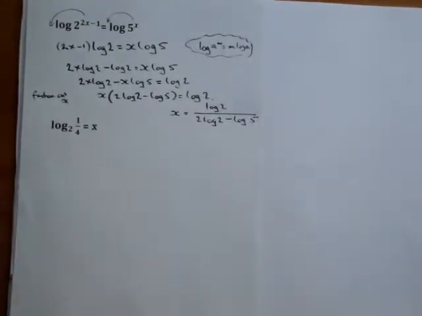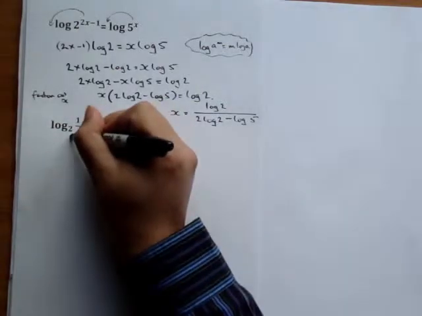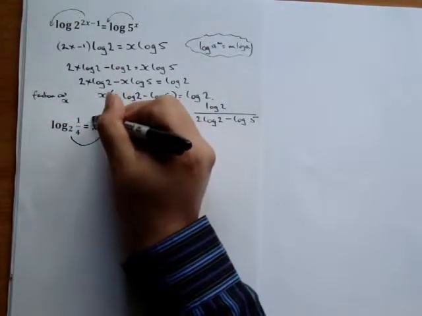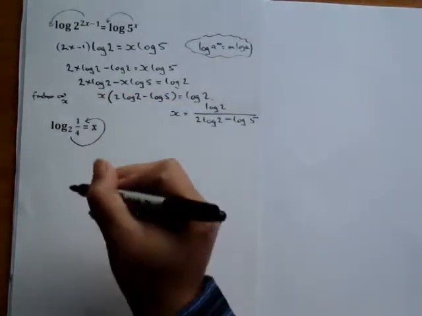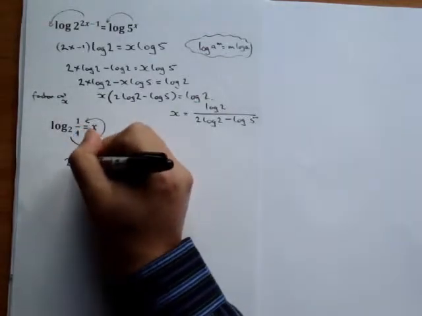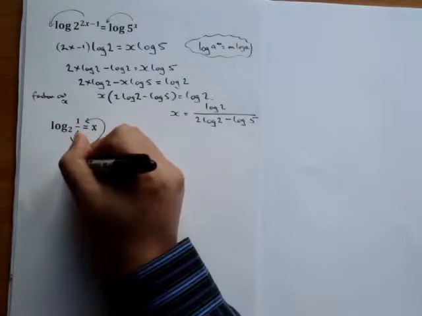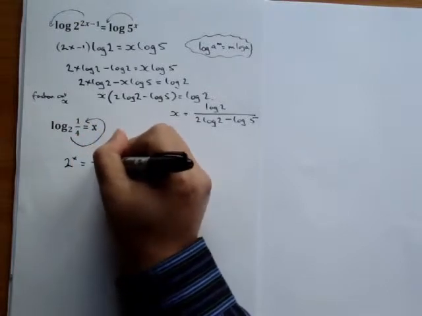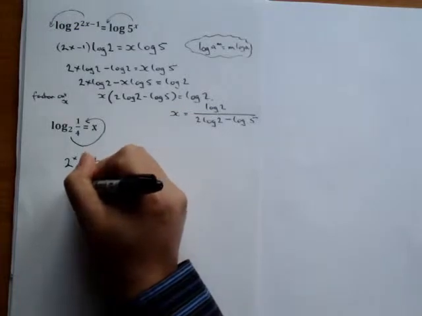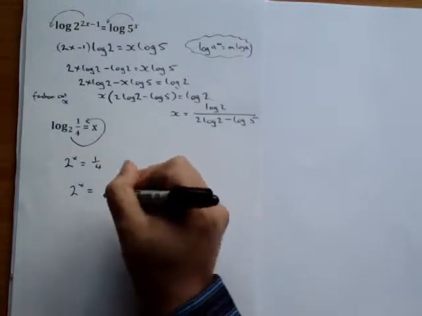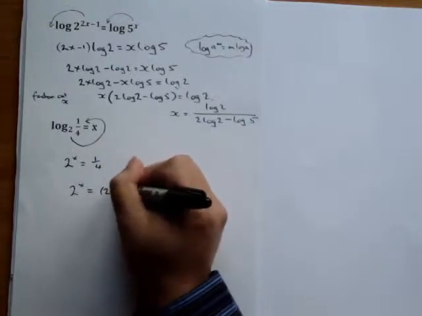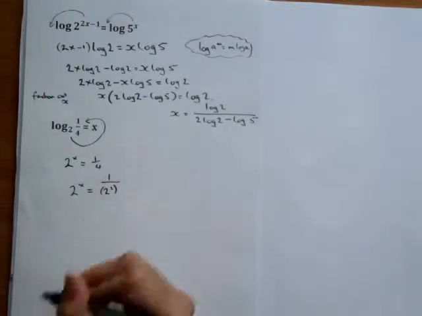In the second equation that we have to solve, we use the property where log to the base 2 of x equals a quarter, using our scorpion's tail. So we have 2 to the power x equals 1/4. So 2 to the x equals, we're going to make the bases the same, 2 to the power 2 all over 1.